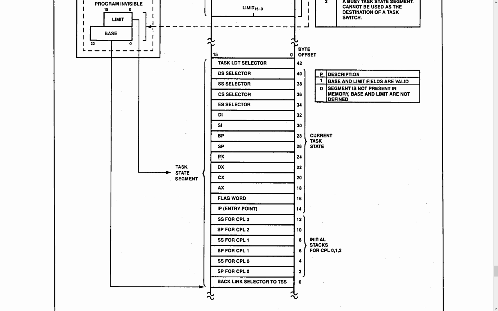This part is written to by the CPU when it switches tasks, to store off all registers of a task and switch to another one. So at offsets 2 and 4 we need to set up the stack for ring 0, and the entire task state segment should be 44 bytes.